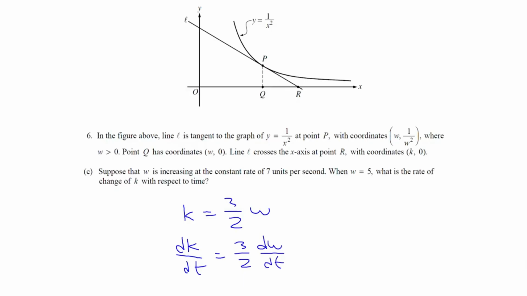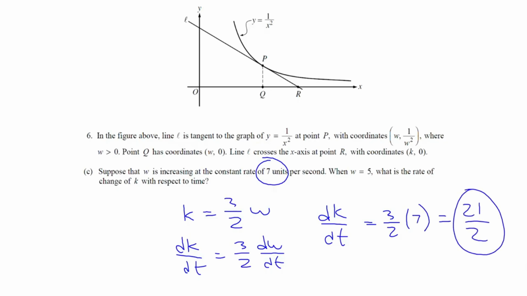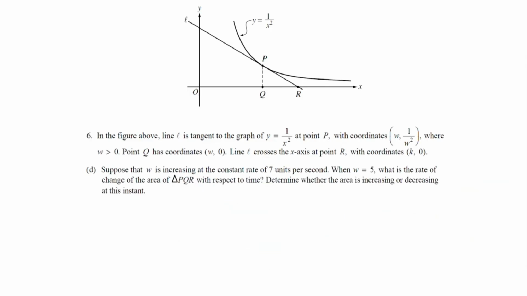And we know what dw/dt is. It's 7, right? It's increasing at 7 units per second, so it's a positive 7. So dk/dt should be 3/2 times 7, which is just 21/2. And they gave you 1 point for that answer.